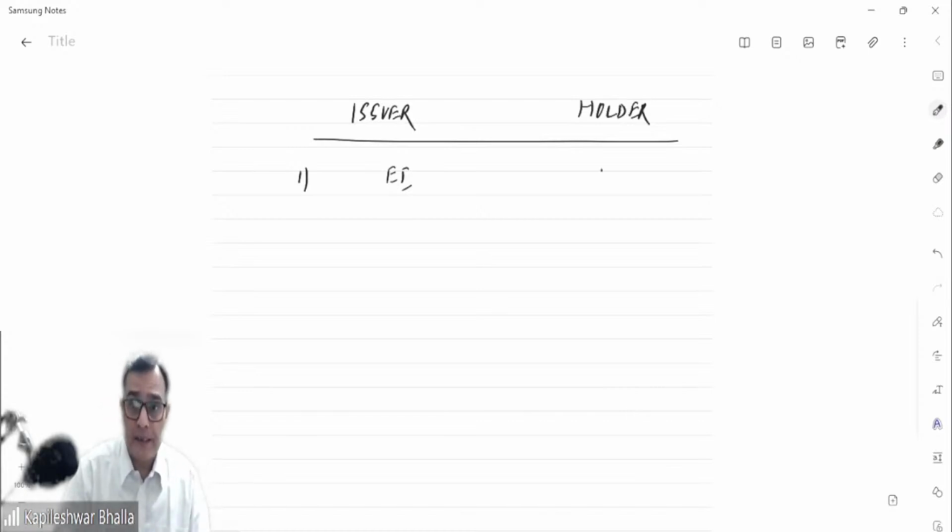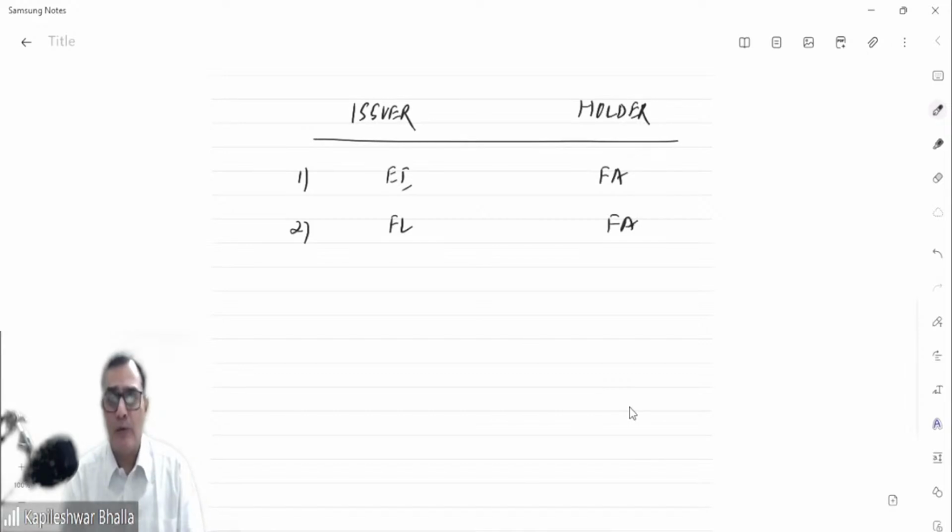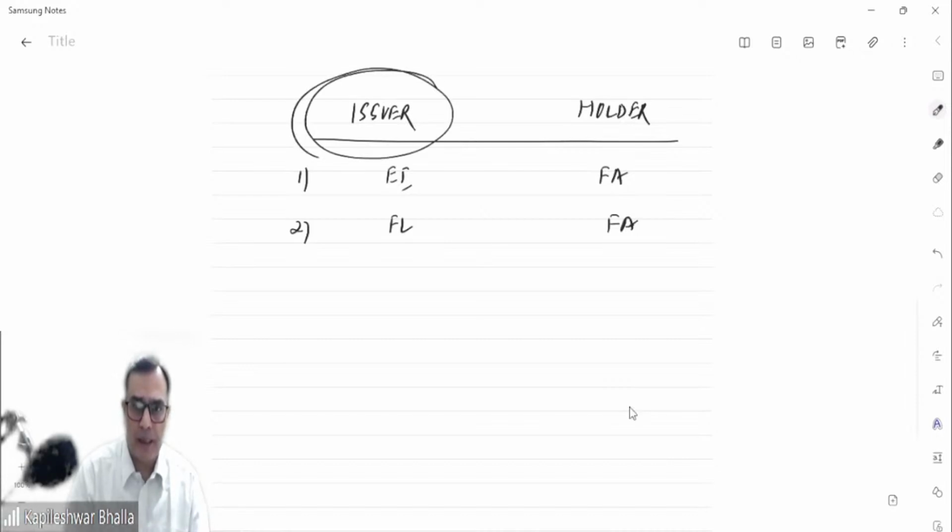The holder would say it's a financial asset. The second permutation combination is the issuer says it's a financial liability. The holder would still say it's a financial asset. So the accounting issue is confronted from the issuer point of view, because he needs to take a decision whether it's a liability or an equity. The holder would always land up saying financial asset.